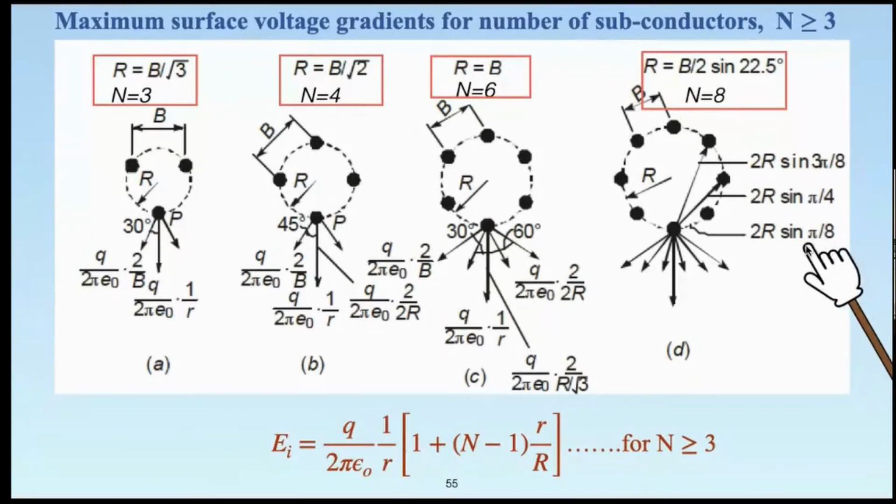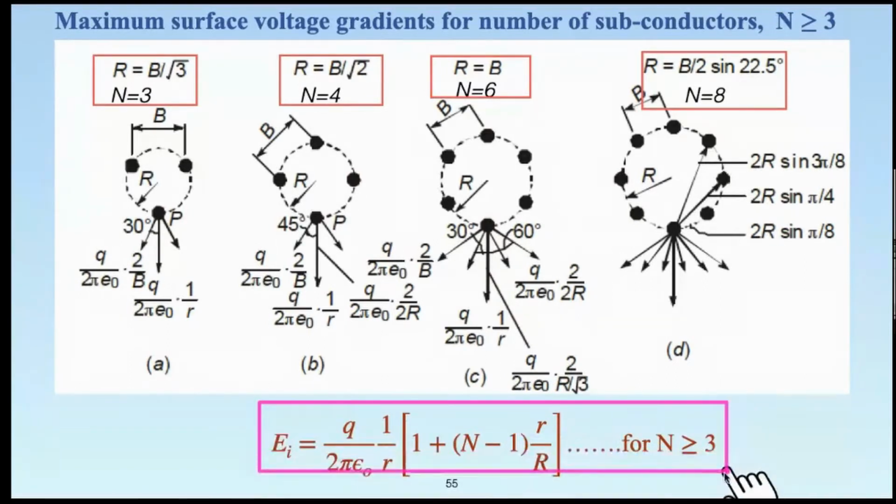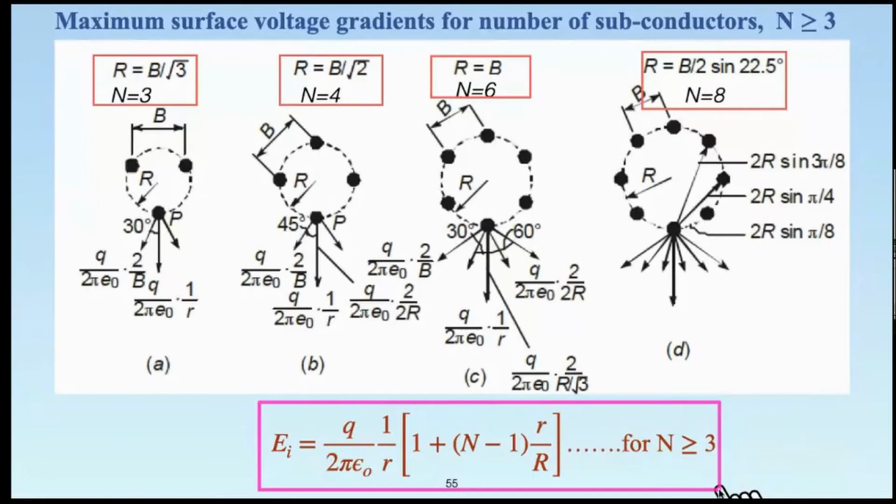Okay, so of course this derivation is not asked, how you will arrive at one final equation. But you must be aware that it is not very difficult to arrive at it by knowing how it is evaluated. Three subconductors, 3 forces. 4 subconductors, 4 sets of fields that are to be added. 6, so there will be 6 components, and then 8 accordingly, right?